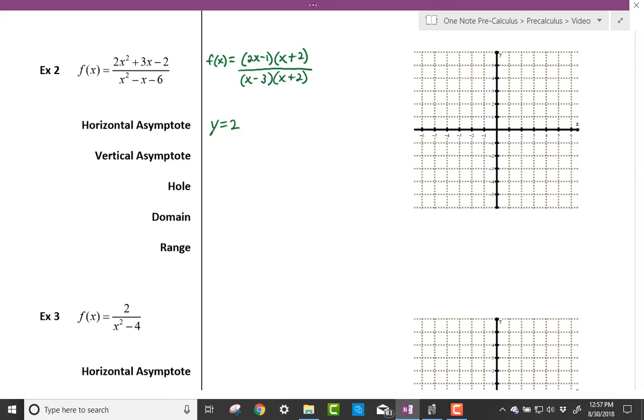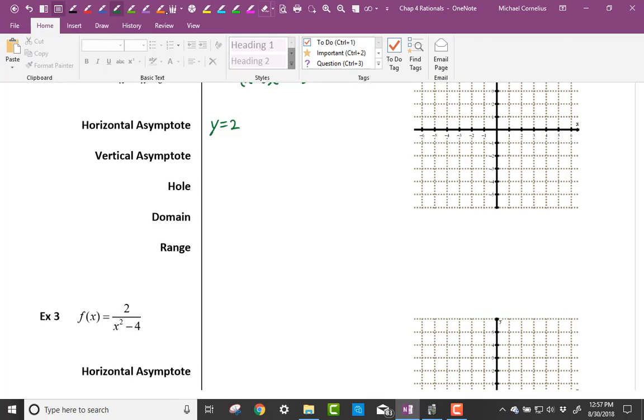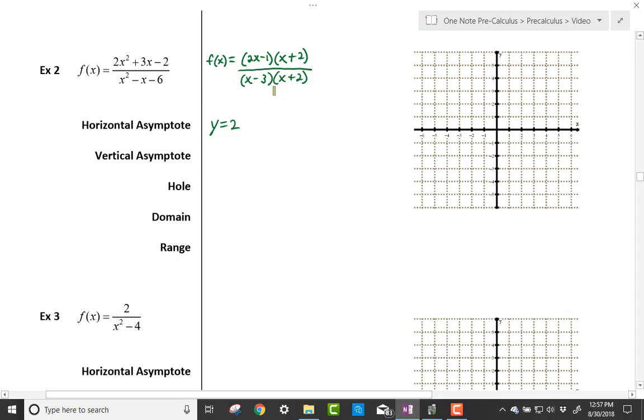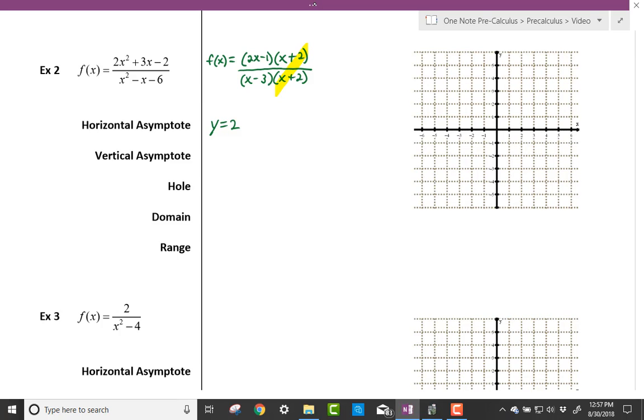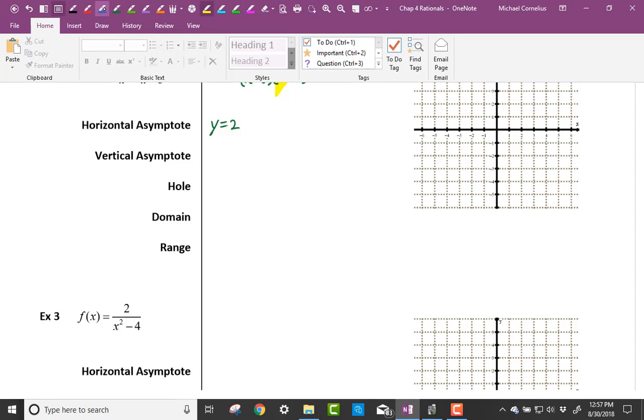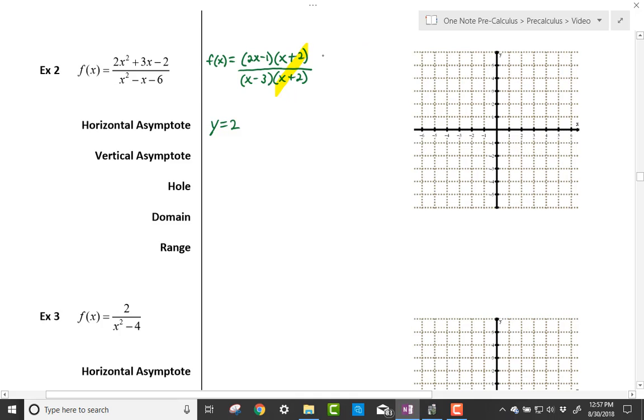So I now know that I have a hole because I have a pair of factors that cancel each other out. So factors that cancel create holes.